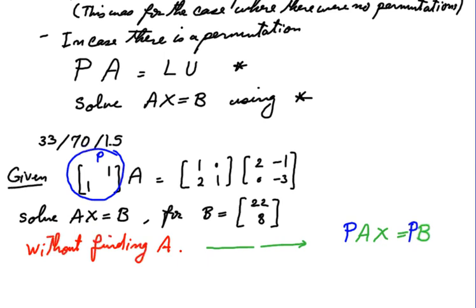What we get out of it is P times A. What is P times A? It is this L times U. So this can be substituted by the already made lower and upper triangular matrices L and U.